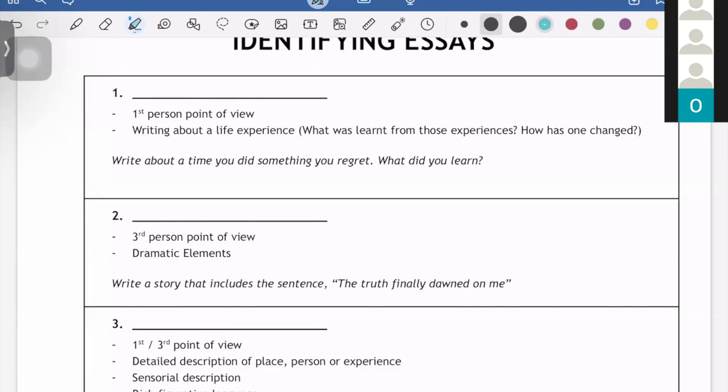A clue is if you look at the you, they're all asking about yourself. Good, it's a personal recount. Personal recount or reflective.